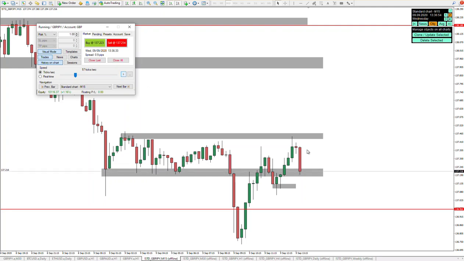Amazing to see how much importance the close of a candle has compared to resistances. Amazing. Let's see how this M15 candle closes.